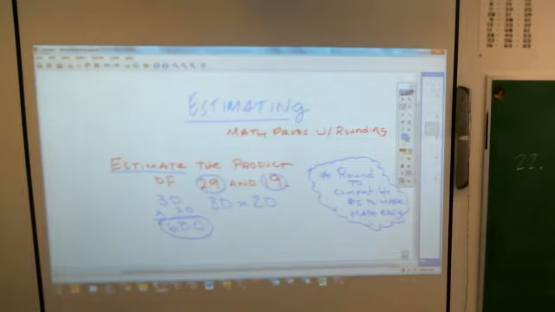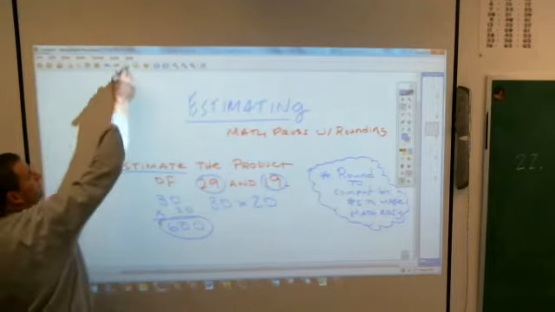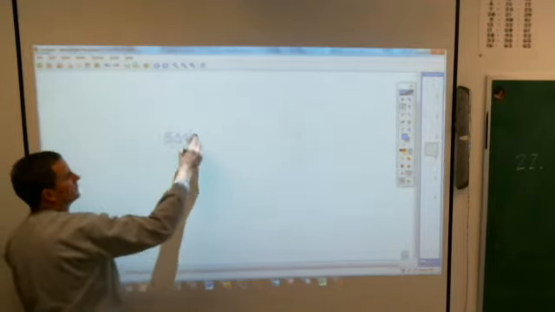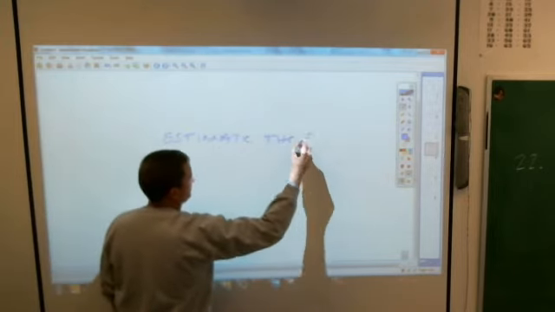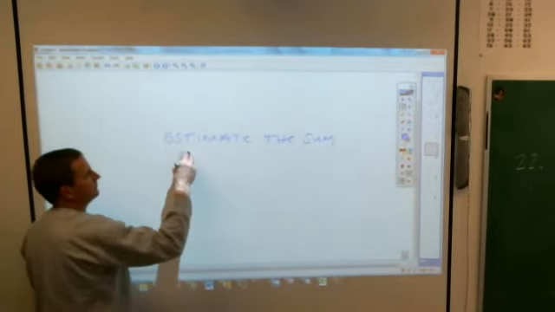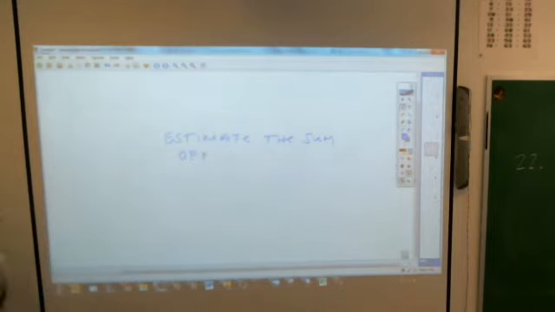How about this? Estimate the sum. There's an addition. Estimate the sum of, what should we do?